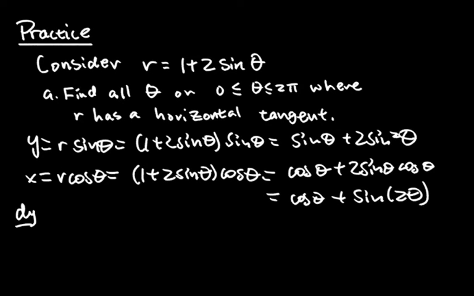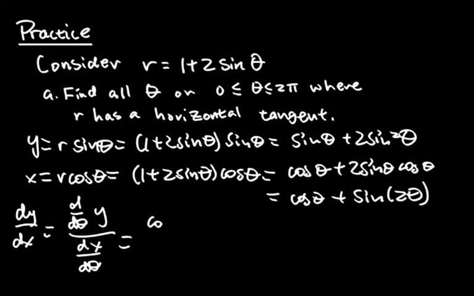And now we want dy dx. So how do we get that? Remember, d d theta of y divided by dx d theta. So that's just dy d theta. So let's see.